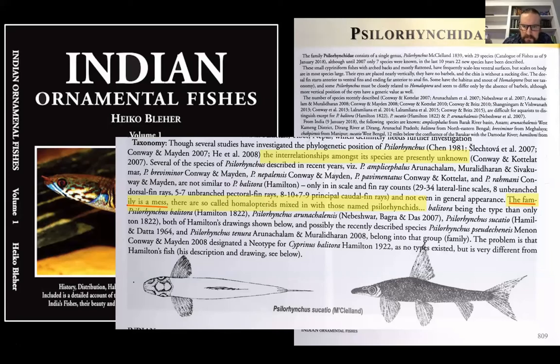I also just want to point out that there's a lot of errors in this short chapter on Cyrenacus. For example, Blair suggests that the type species of the genus is Cyrenacus balatora. It's actually Cyrenacus sucario. And he also gives the date for Hamilton's gangetic fishes as 1922 instead of 1822.